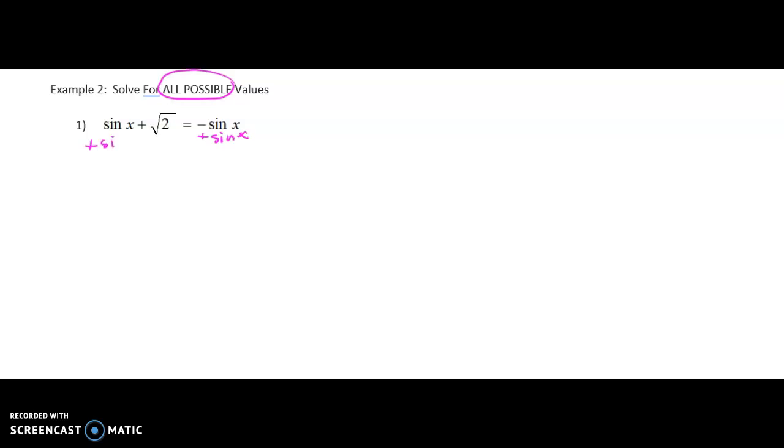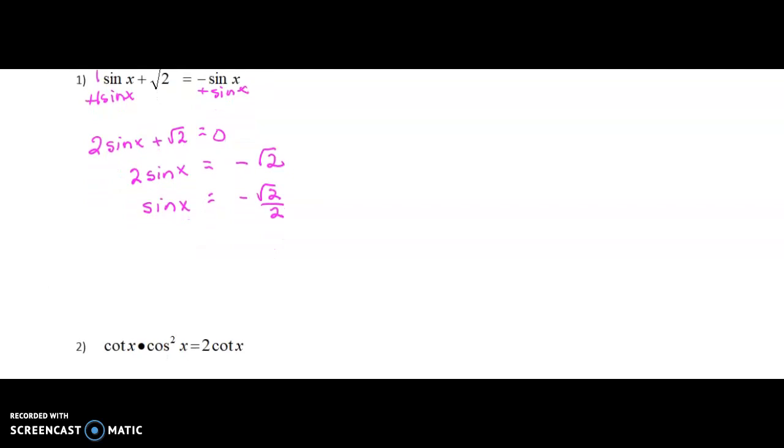So we add the coefficients, and we have 2 sine x plus the square root of 2 equals 0. Let's subtract the square root of 2, so we have 2 sine x equals negative square root of 2. Let's divide both sides by 2. So now we're down to sine x equals negative square root of 2 over 2.